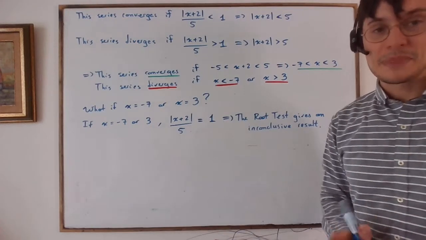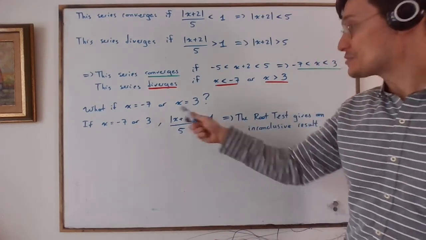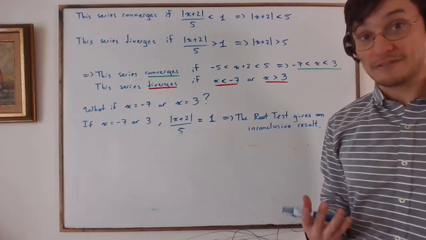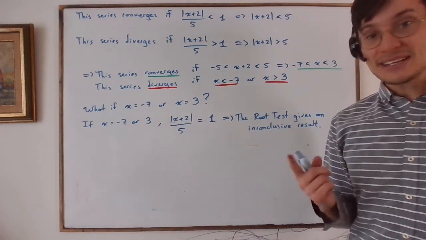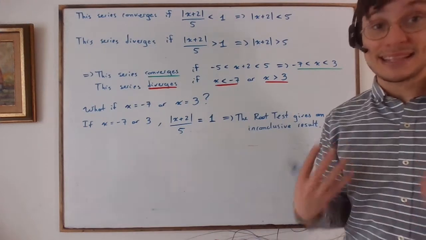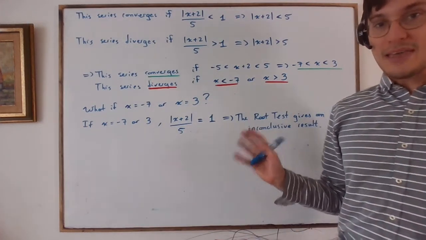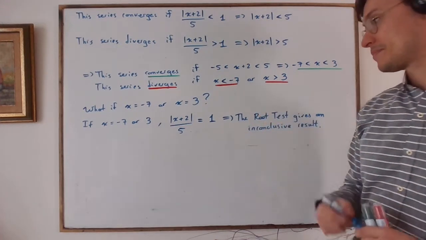What does it mean? It means that at these two values of x, we have to use another test of convergence. So in the next video, I'm going to present these tests of convergence. We're going to just state them all, and then we're going to finish that problem. Okay?